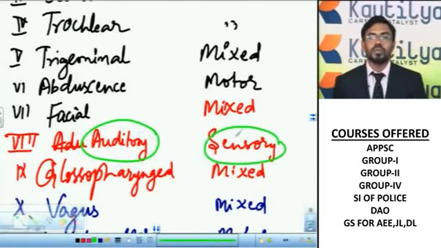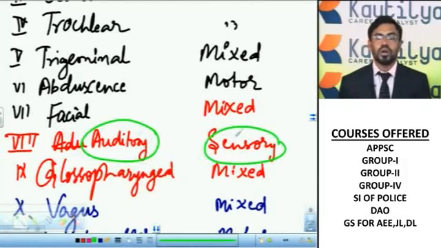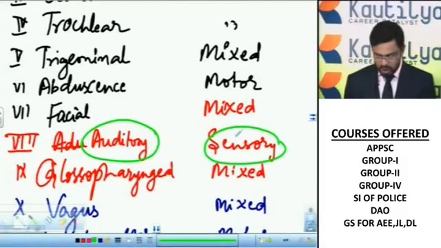So these nerves may be sensory, motor or mixed. Sensory nerves receive the stimulus from the sense organs, and motor nerves carry the instructions or messages from the brain or spinal cord to the effector organs or target organs. Mixed nerves are both sensory as well as motor.